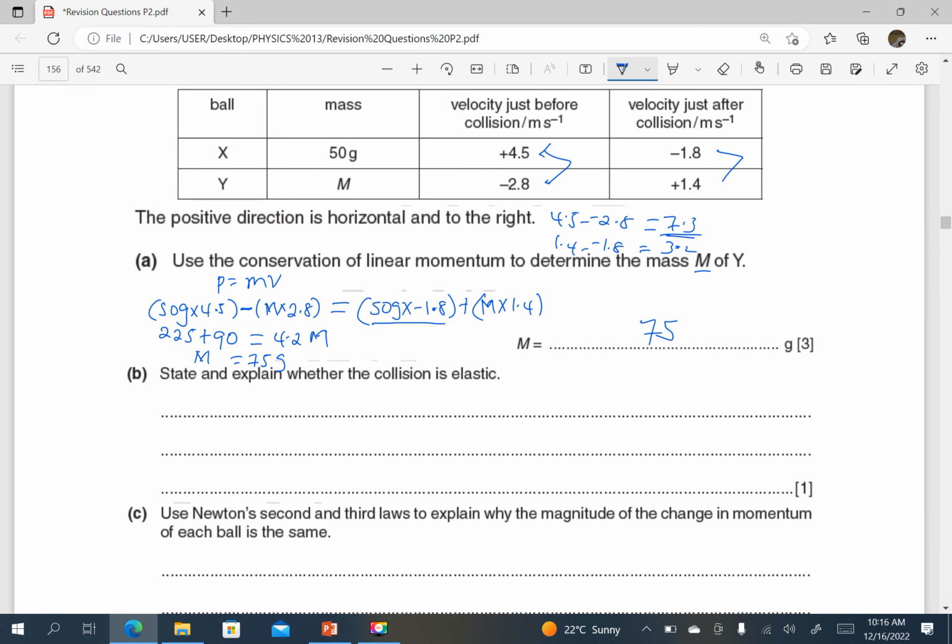So we are seeing that the relative speed of approach is not equal to the relative speed of separation.